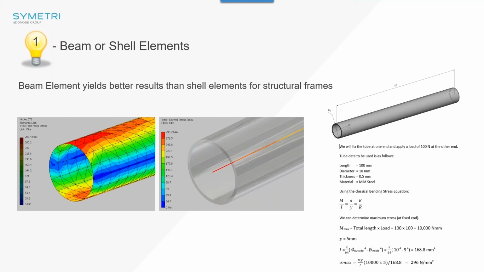You can see on the right hand side, the hand calculation tells me it's 296. What's the value we need to work towards? Now you can see in the picture on the left hand side, we have a stress of 283. And if you look at the picture in the middle with the colorful line, you can see the result is absolutely spot on.